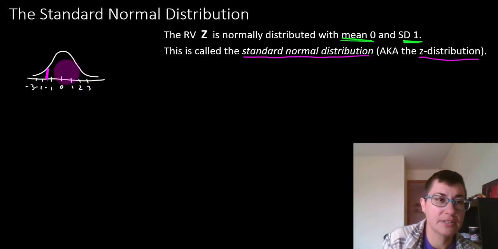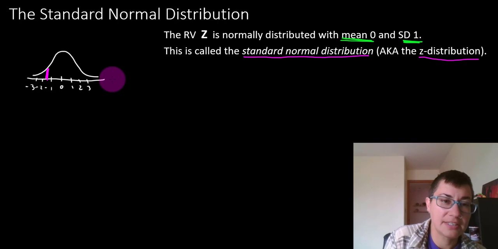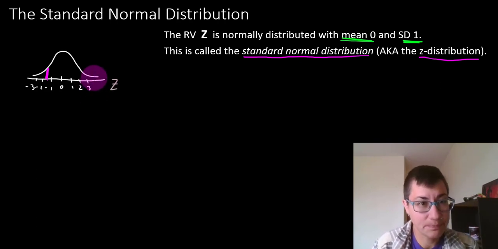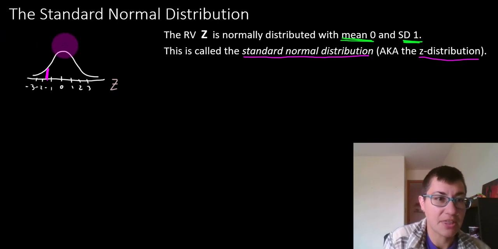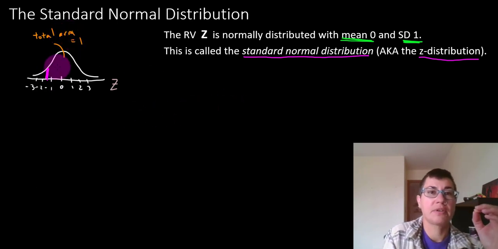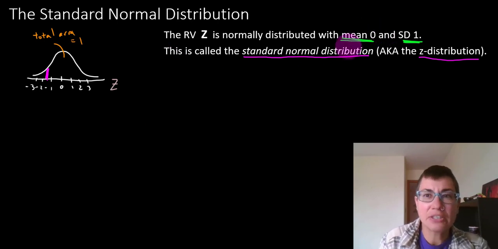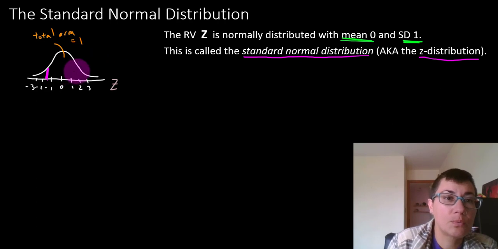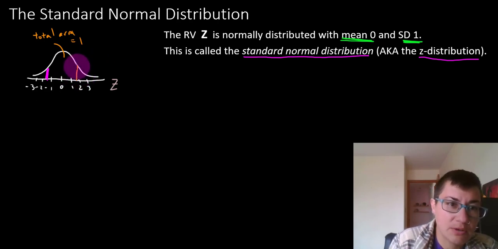This particular distribution is very well understood. We mentioned that the total area is 1 because it's a probability density function. Therefore, under this standardized version of a normal distribution, these areas are well defined and we know them very well.